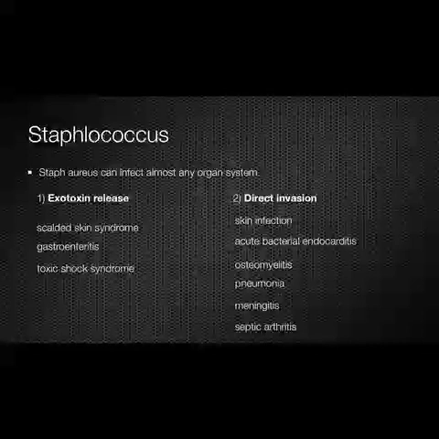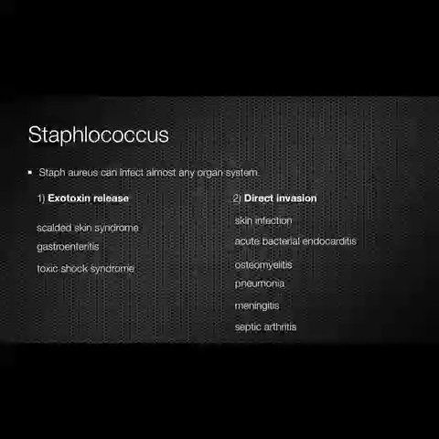The important conditions caused by exotoxin release are scalded skin syndrome, gastroenteritis, and toxic shock syndrome. Importantly, Staphylococcus-related gastroenteritis is really the most important infection that causes the onset of vomiting within 24 hours.